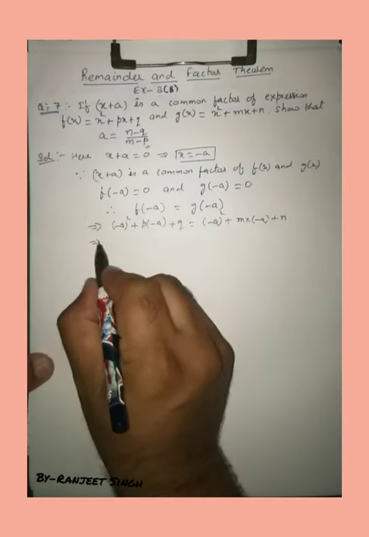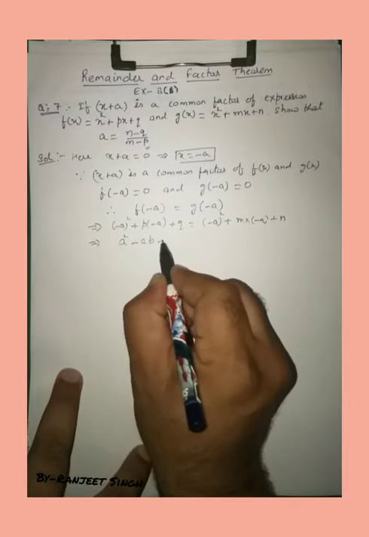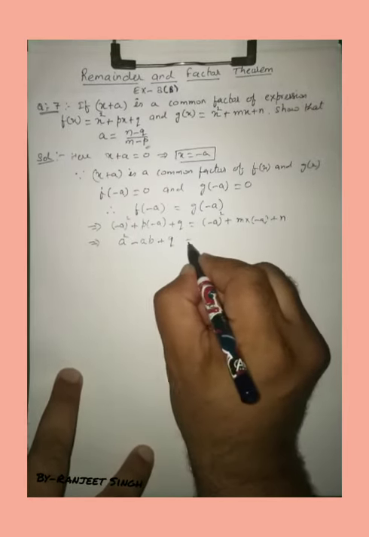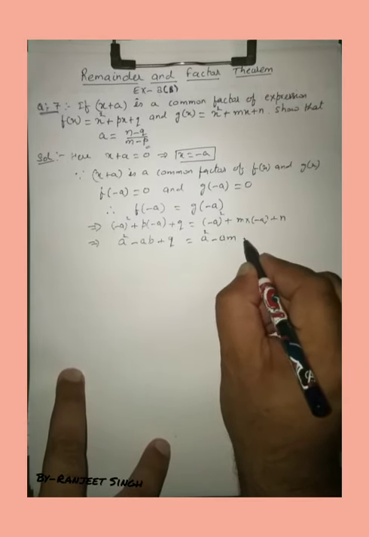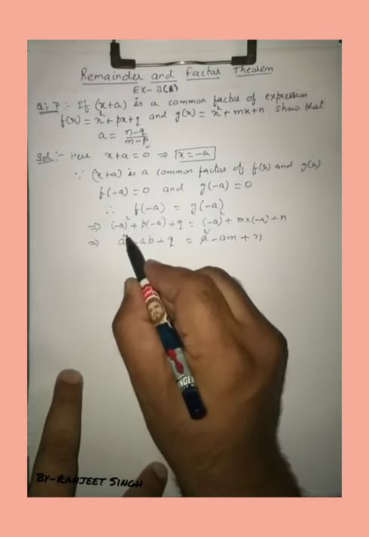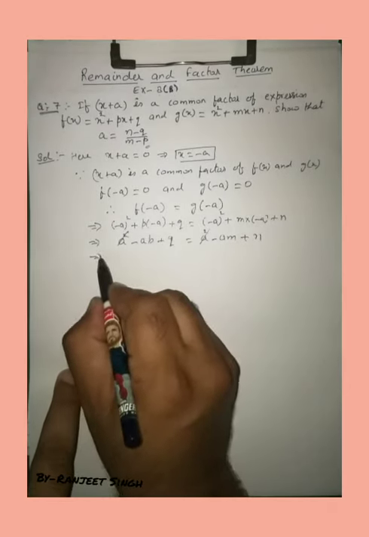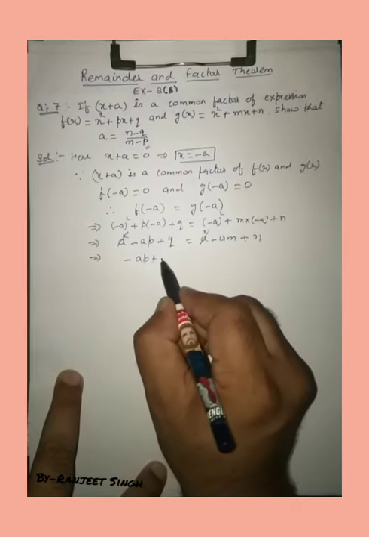So this implies a square minus ap plus q is equal to a square minus am plus n. Now from both the sides a squares will get cancelled, so this implies minus ap plus am.